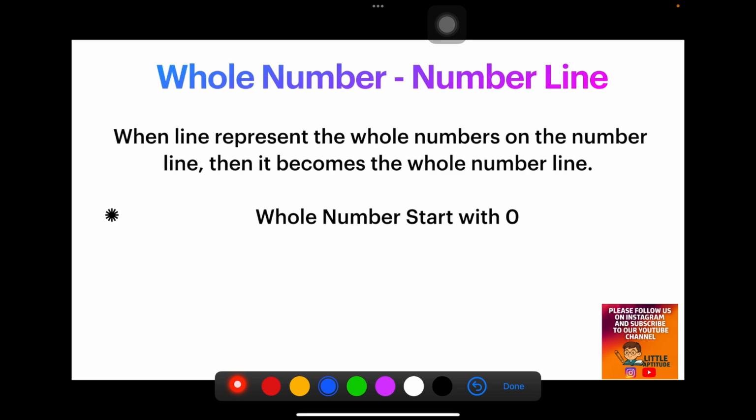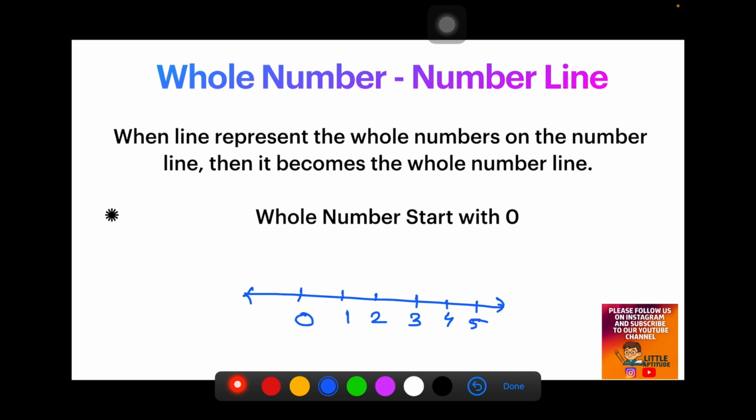Next is whole number. When a line represents whole numbers on the number line, then it becomes whole number line. You know the concept of whole numbers. Whole numbers start with 0. So I am drawing one line here and marking some points representing whole numbers.